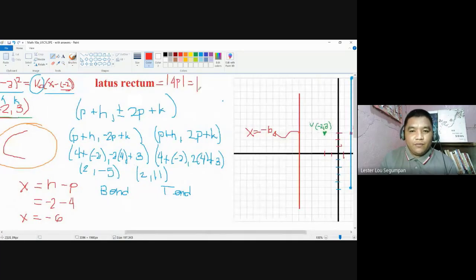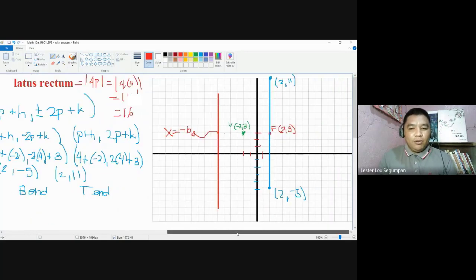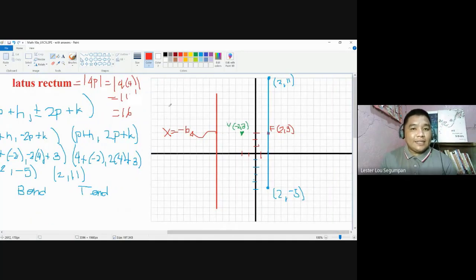This is actually 4 times 4, so that's positive 16. Absolute value of 16 is 16. Let's check if the blue colored latus rectum really has 16 units. 1, 2, 3, 4, 5, 6, 7, 8. That's half of the distance from the focus towards this. And then 9, 10, 11, 12, 13, 14, 15, 16. That means our checking is correct.